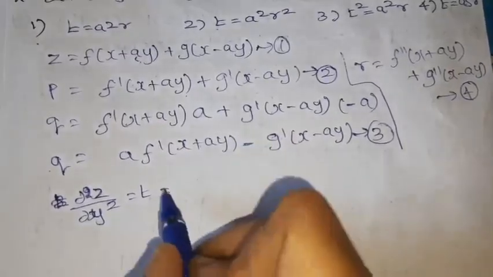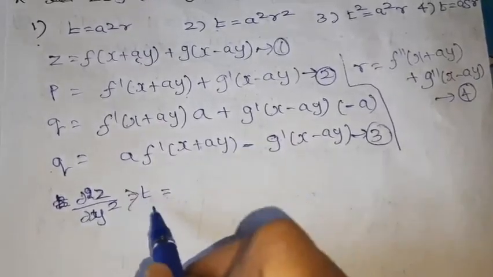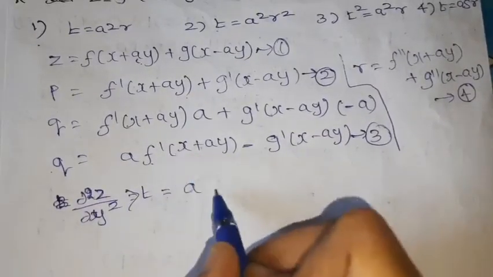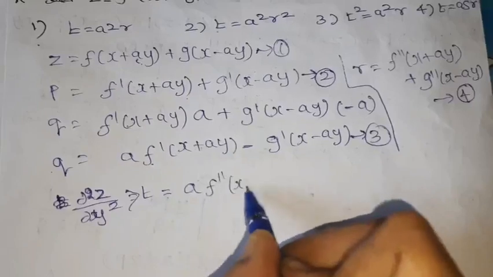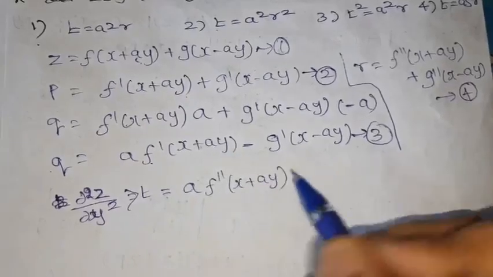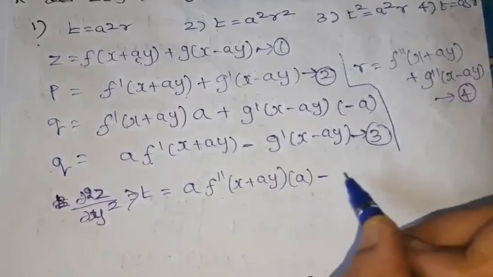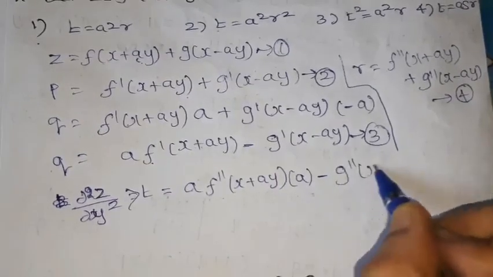So what will we get? t equals, already a is there, f'(x + ay) gives f''(x + ay) into a, right? Again minus g''(x − ay).